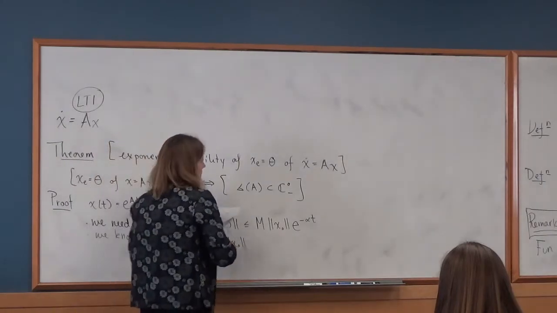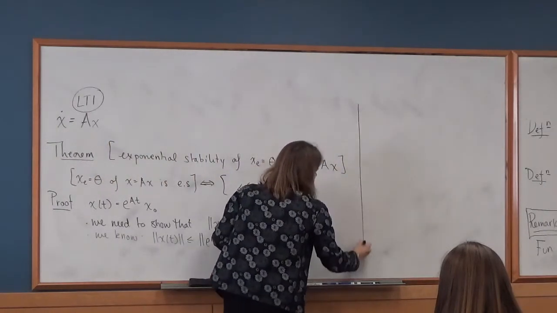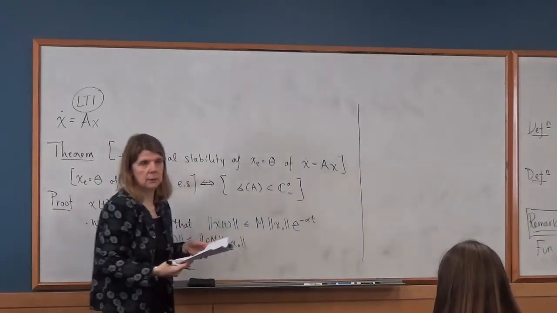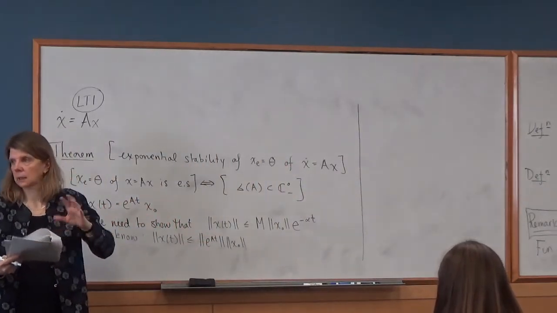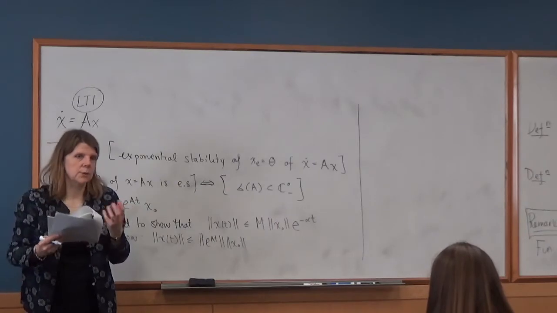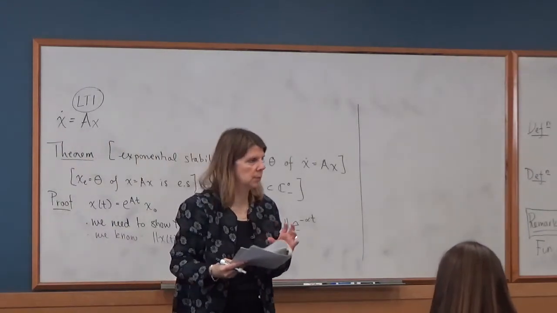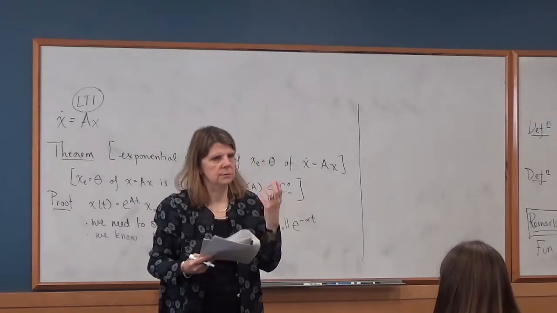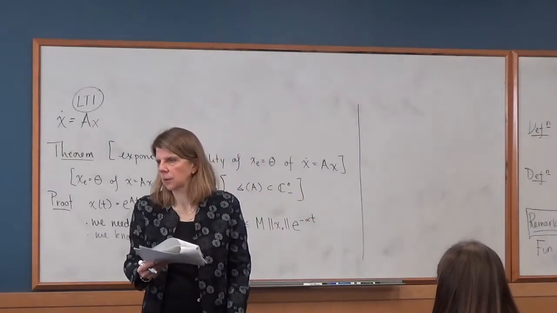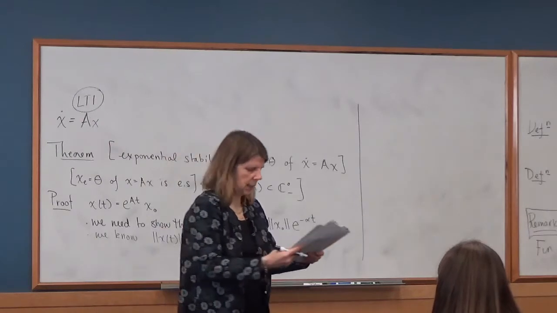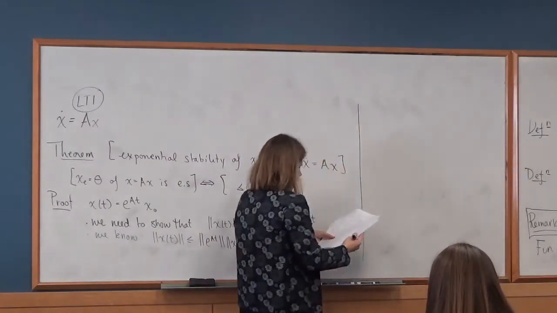Well, if A is diagonal, or if A is diagonalizable, now I'm going to use diagonal and diagonalizable, they're sort of equivalent because if it's diagonalizable, there's a similarity transform, and that similarity transform just adds constants to a norm, right? We can just immediately put it into diagonal form and use that.